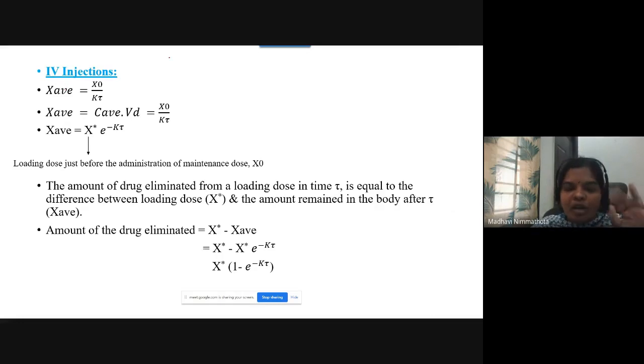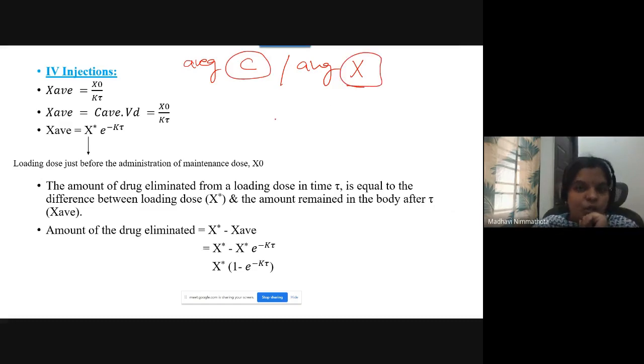Okay, so one thing you can remember, every time you have to take the average concentration or else the average amount of the drug. This is concentration, this is amount of the drug. So till now, we learned about maintenance dose, loading dose, that is for extravascular, that is for IV injections. So this is also the same thing, the IV injections, but this is in terms of amounts.